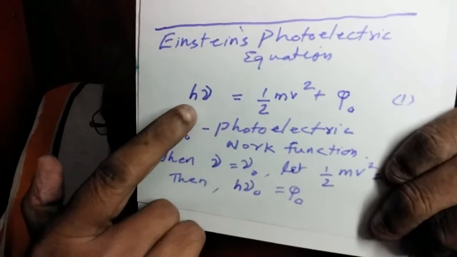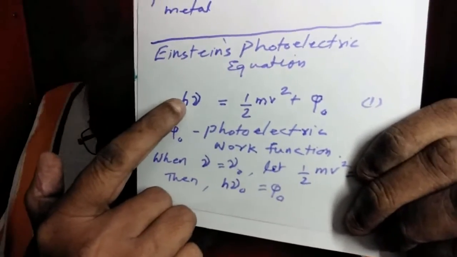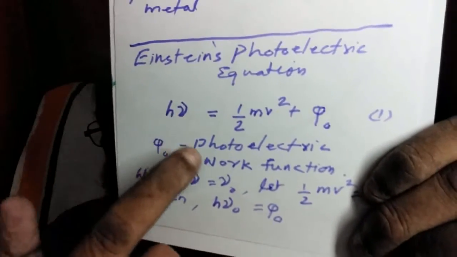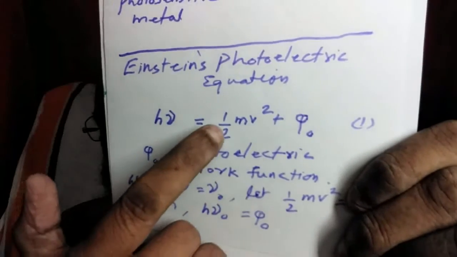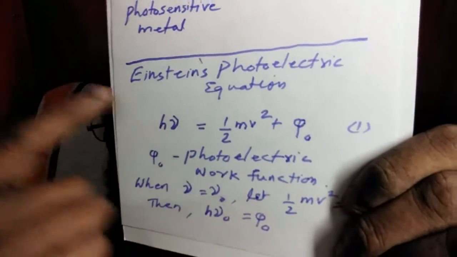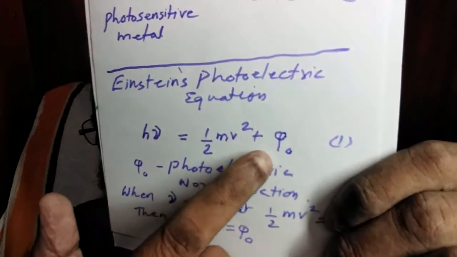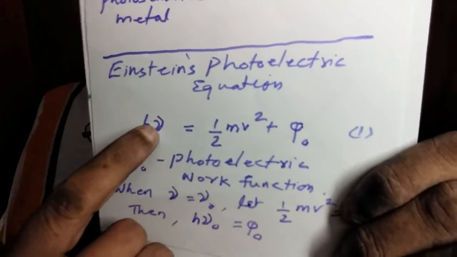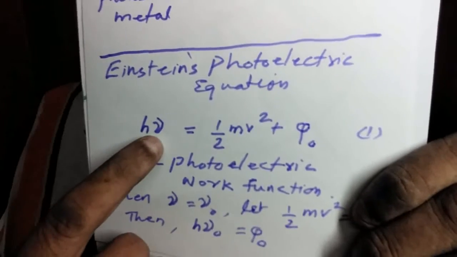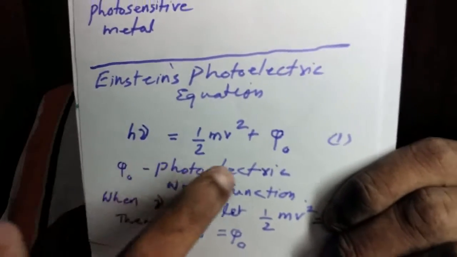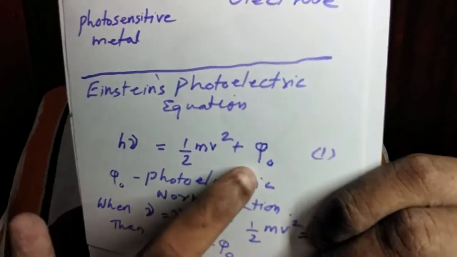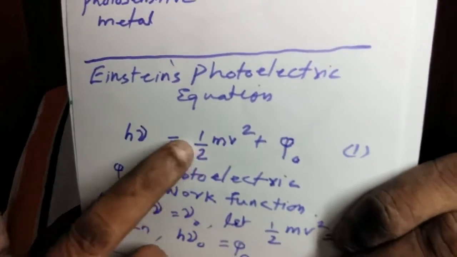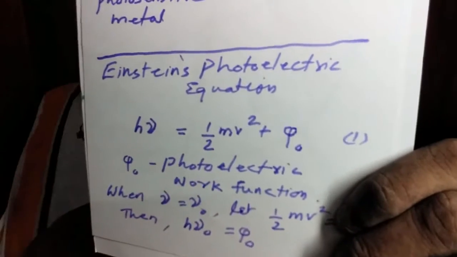Suppose the incident radiation has a frequency nu 0, and the electron is not coming out but only just liberated from the metal. That is, the radiation of frequency nu 0 is just able to liberate the electron but not able to supply it sufficient kinetic energy to come out of the metal.